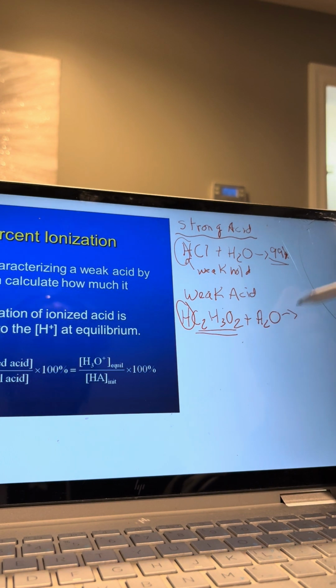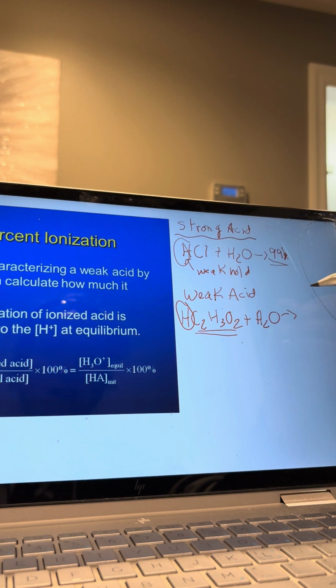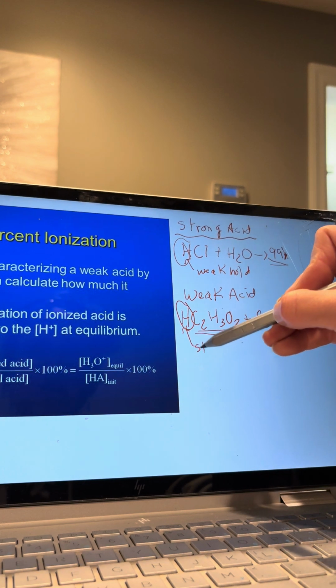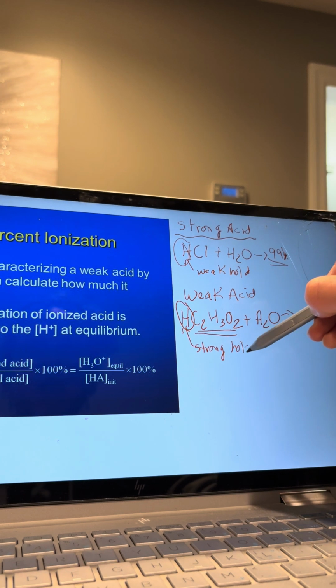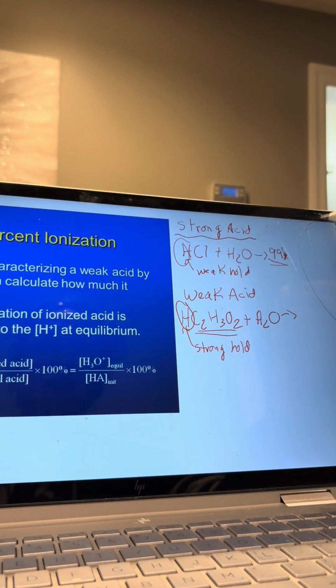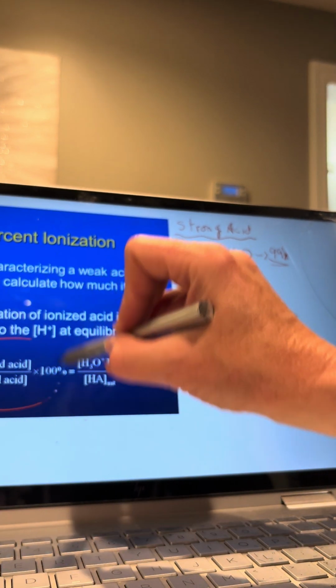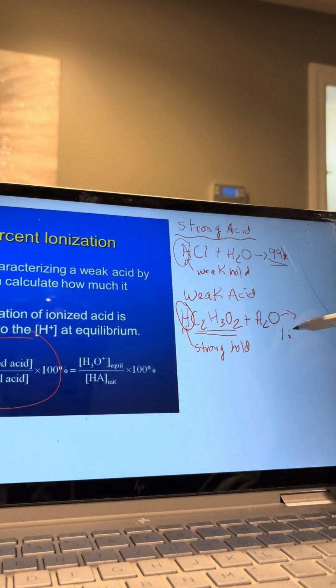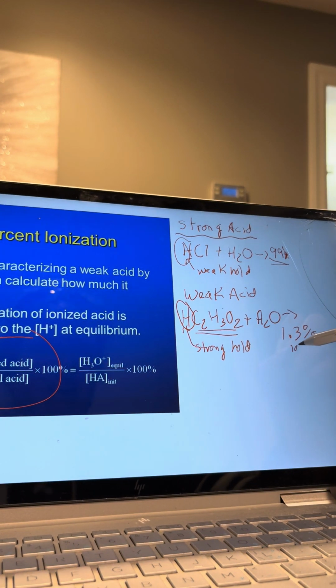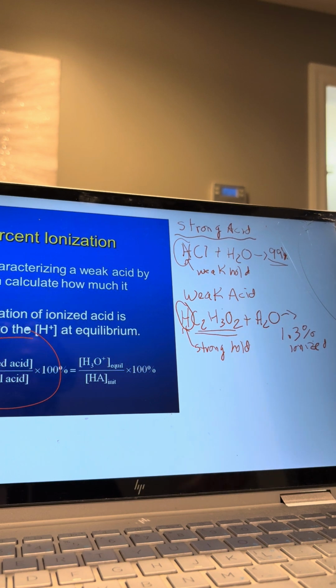So when it's undergoing a chemical reaction, there's a strong hold on this hydrogen. So it's not going to completely ionize like our first one. In fact, it's been calculated to be, using this formula here, only 1.3% ionized, which means, again, there is equilibrium. However, most of it is going by the reverse reaction. You're not actually getting a lot of donation of that proton. So that would be considered a weak acid.